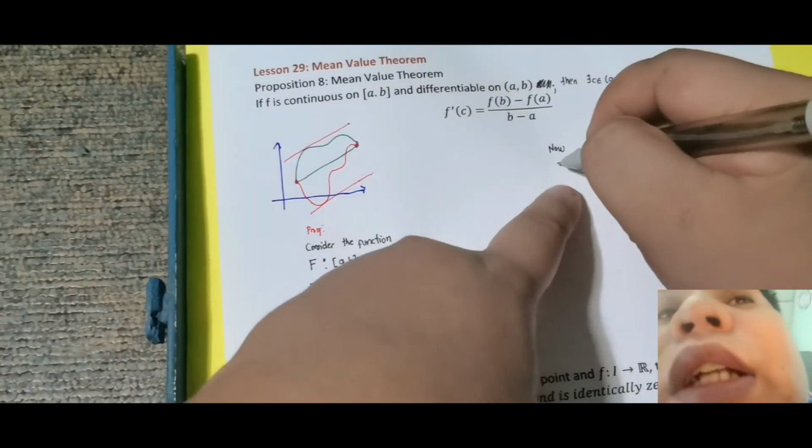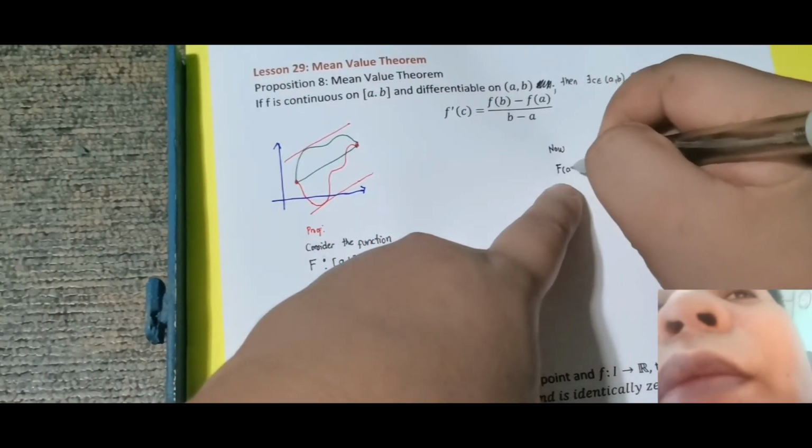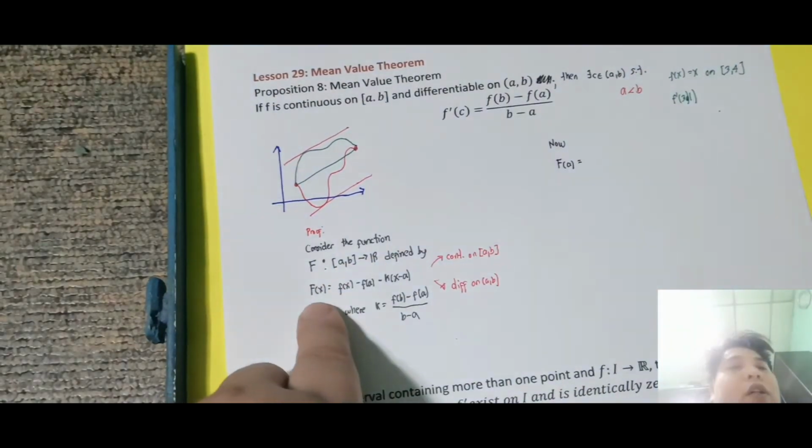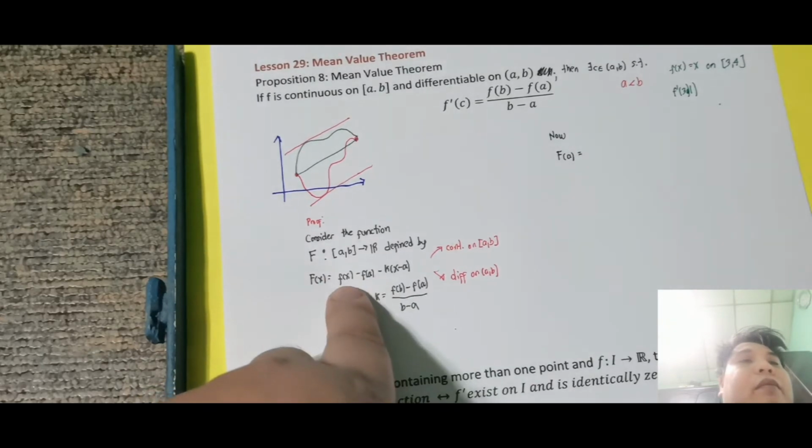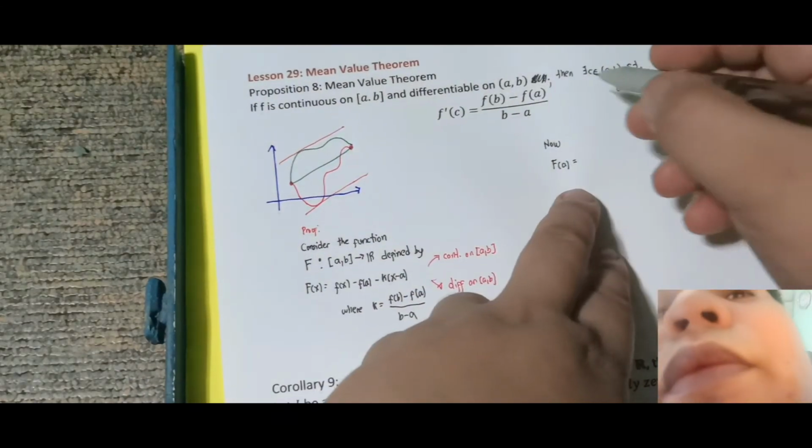Now, consider capital F of a. Based on the function, F of x is equal to small f of x, meaning everywhere there is an x, I replace it with a.